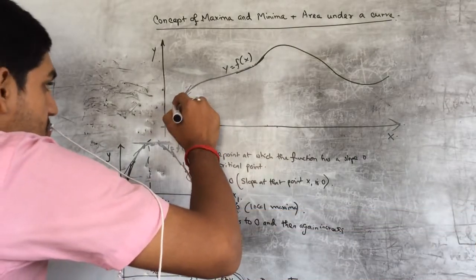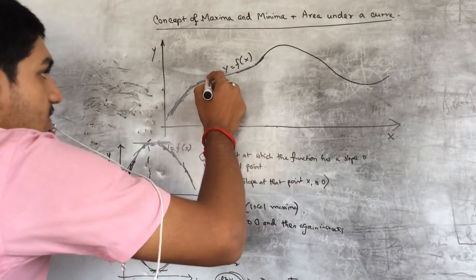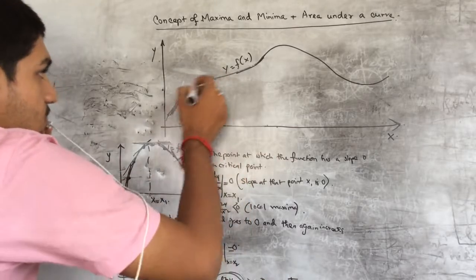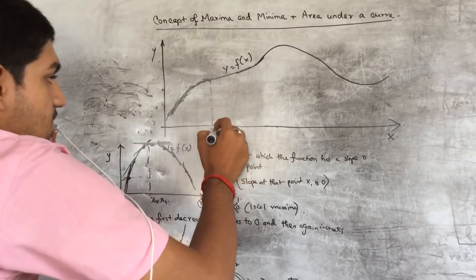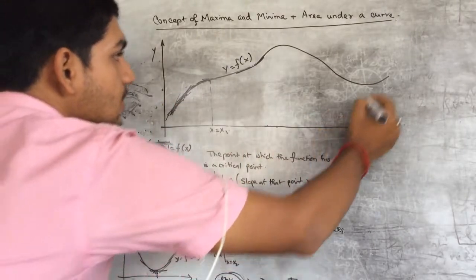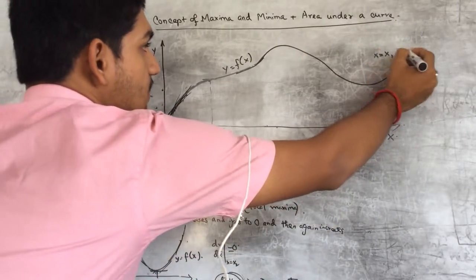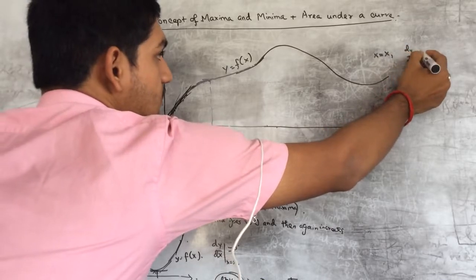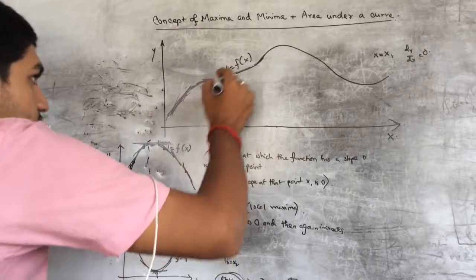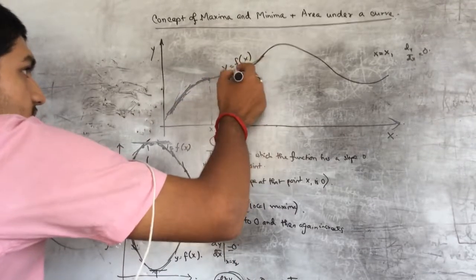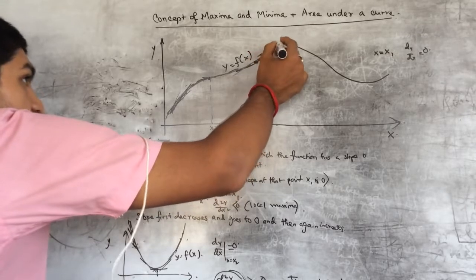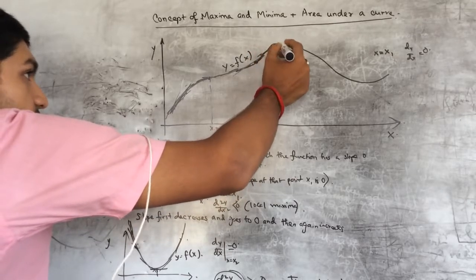In this case, first we see that the slope is decreasing, and then it is going to a point which has slope 0. So at x equals x1, dy/dx is 0. So we note this point. Again we move, so the slope is increasing, as you can see, and then from here the slope is decreasing, and here it goes down to 0 again.